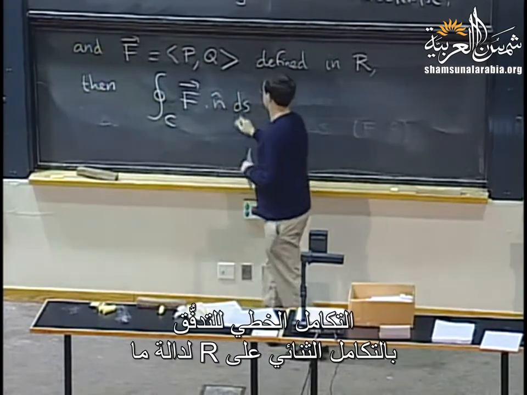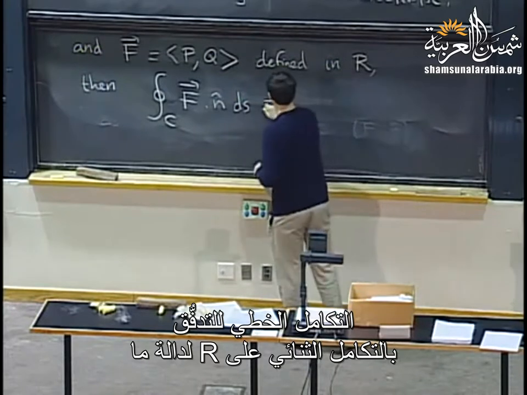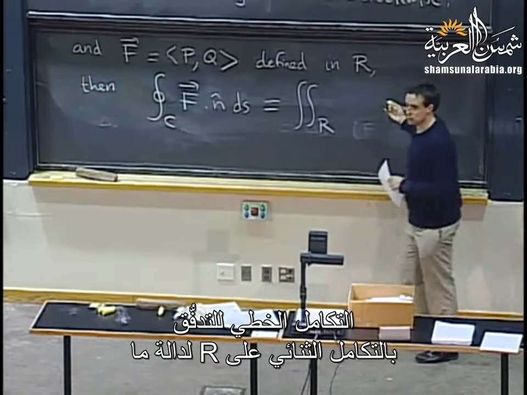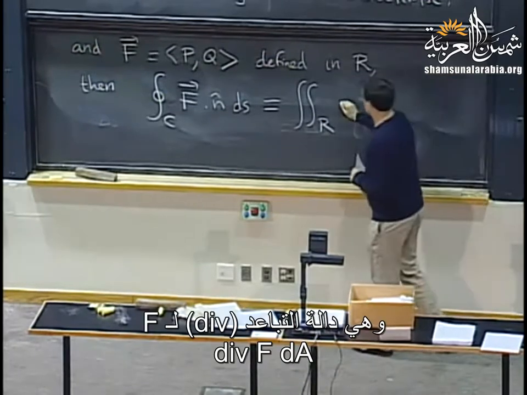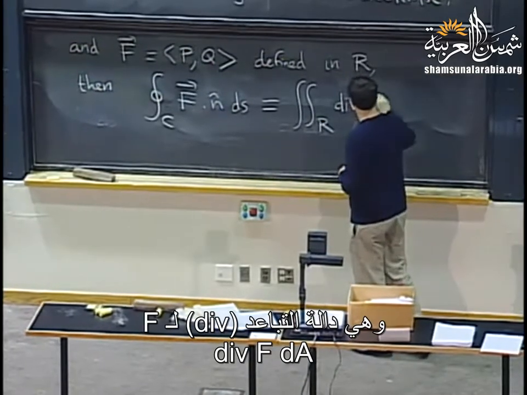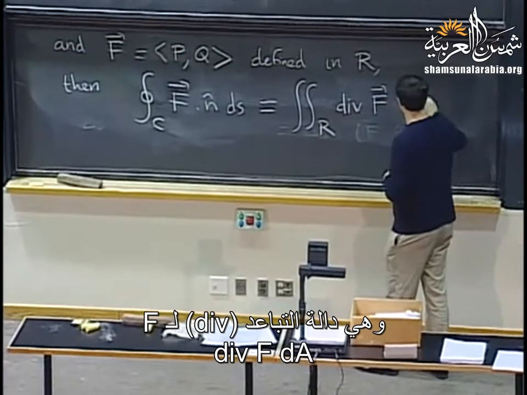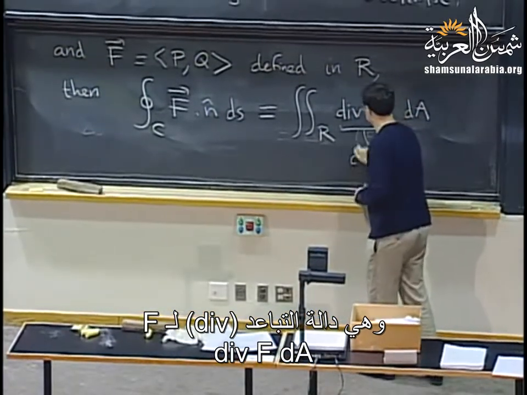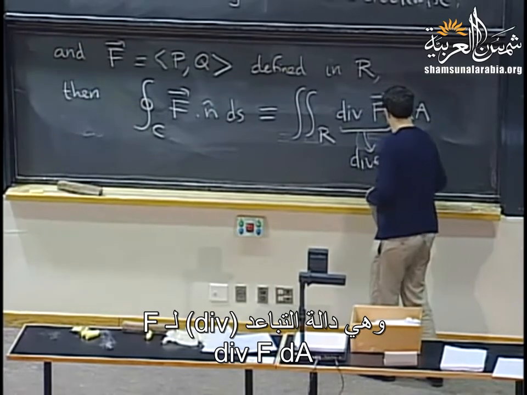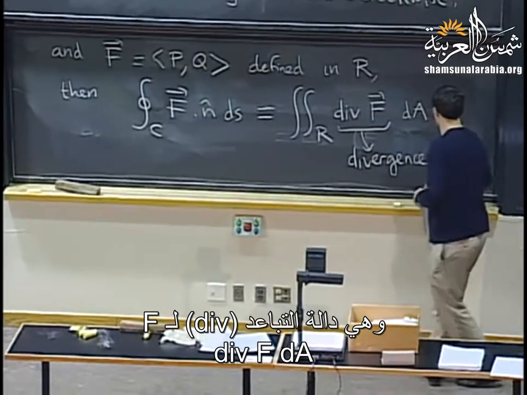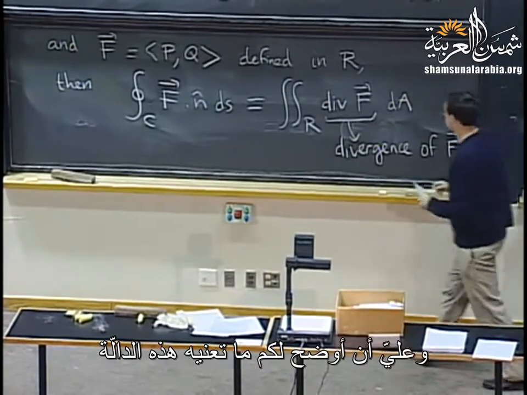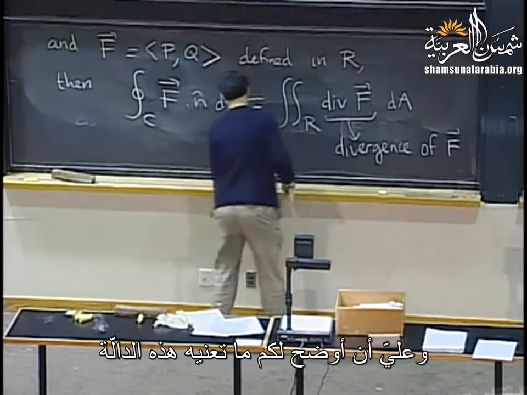replace the line integral for flux by a double integral over R of some function. And that function is called the divergence of F, dA. Okay, so this is the divergence of F. And I have to define for you what this guy is.